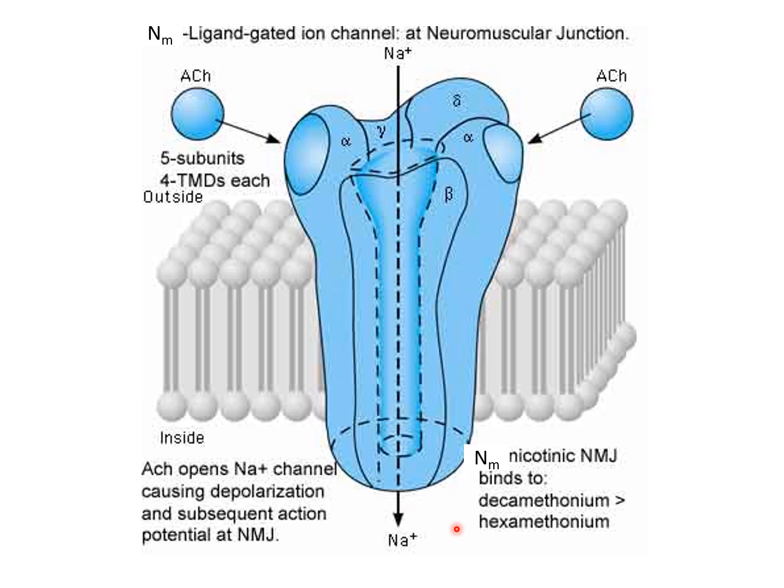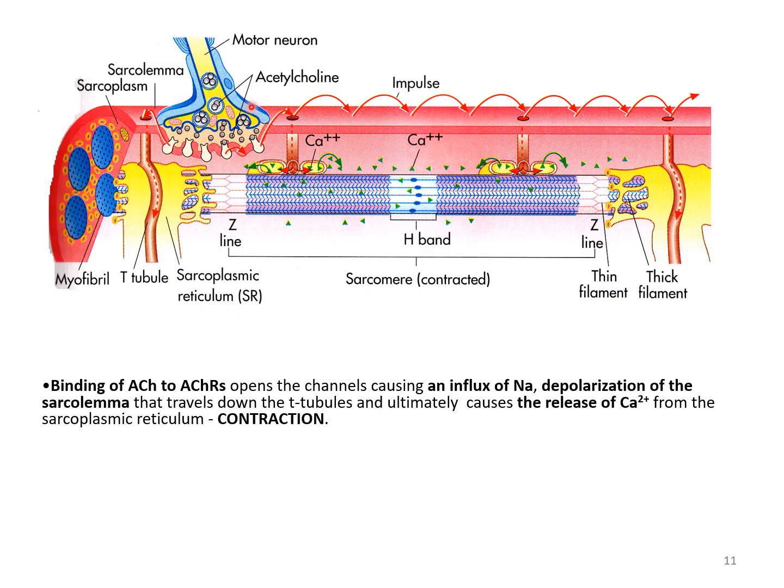Once the sodium ions reach the muscle cell, it depolarizes, so an action potential is triggered. The binding of acetylcholine to the acetylcholine receptor opens the channel, causing an influx of sodium and depolarization of the sarcolemma that travels down the T tubules and ultimately causes the release of calcium ions from the sarcoplasmic reticulum. So contraction can occur.